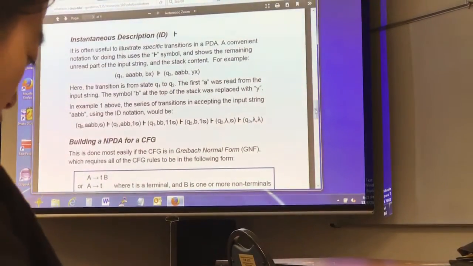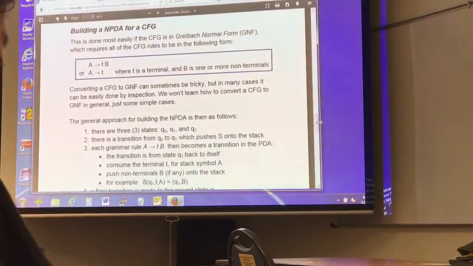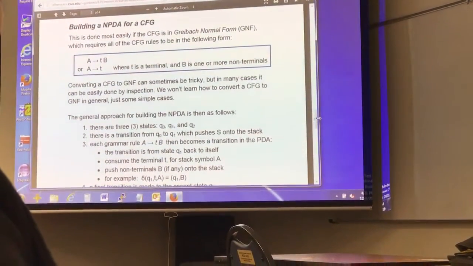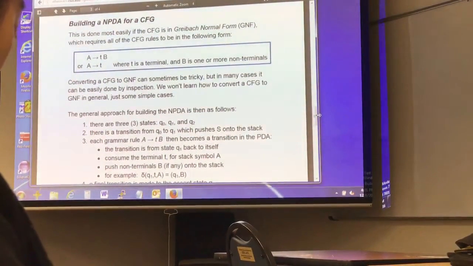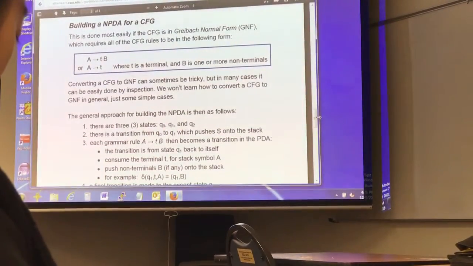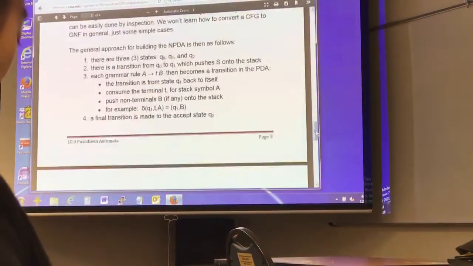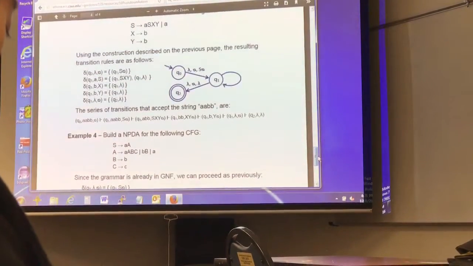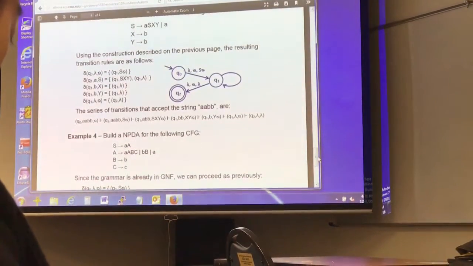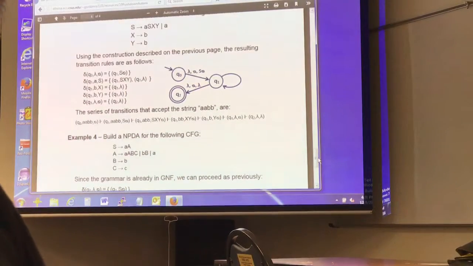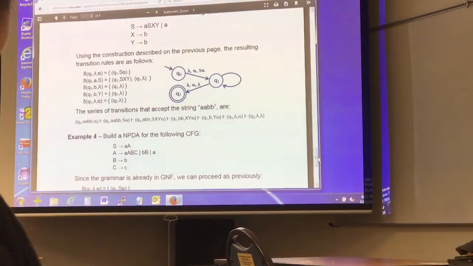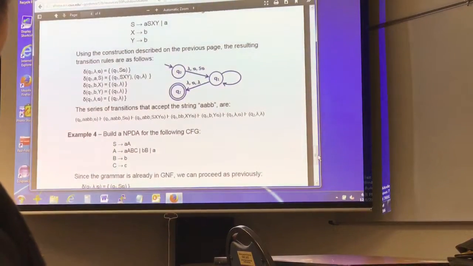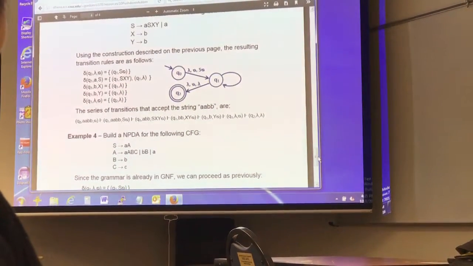And one thing that did not make its way onto the quiz was converting a context-free grammar to a pushdown automaton using this standard three-state system for a solution. There were a few people that did use this methodology on the quiz, where I asked for a pushdown automaton. They instead wrote a context-free grammar and then converted it, and that's how they came up with a pushdown automaton.